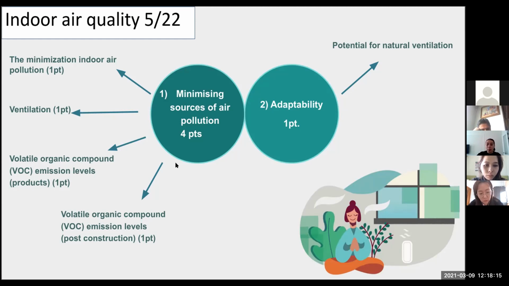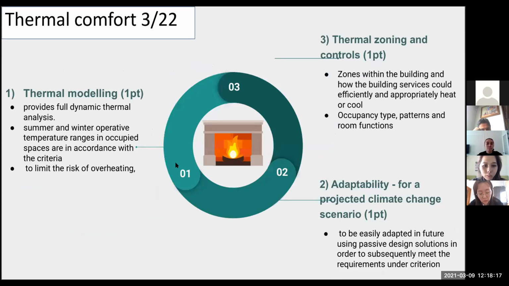The next, thermal comfort, aims to maintain a thermally comfortable environment through design and thermal modeling. So we use some software to carry out simulation at the detailed design stage to provide full dynamic thermal analysis.